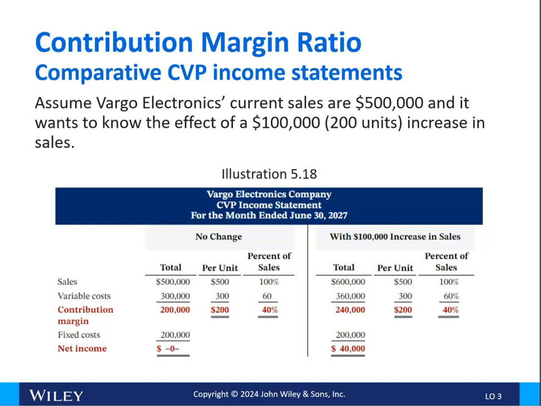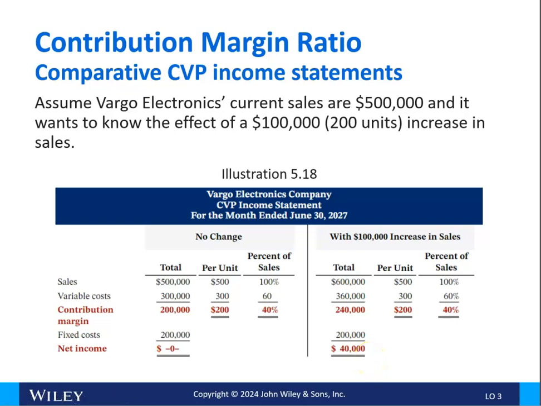Assume Vargo Electronics' current sales are $500,000 and it wants to know the effect of a $100,000, or 200 units, increase in sales. So at $500,000, we break even. We have zero net income. If we increase our sales by 200 units or $100,000, 200 times 500, we see what's on the right.